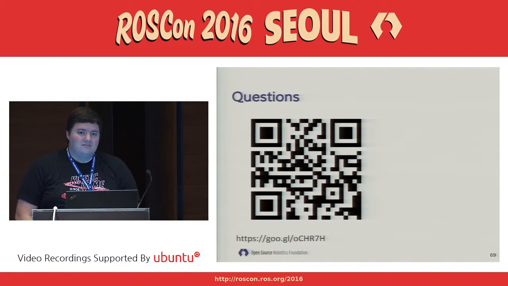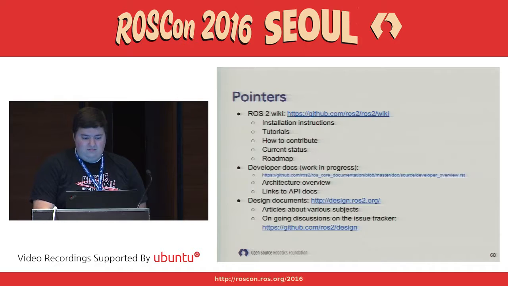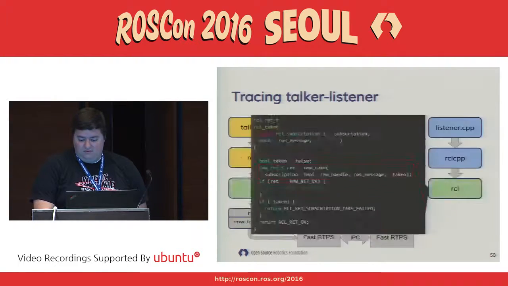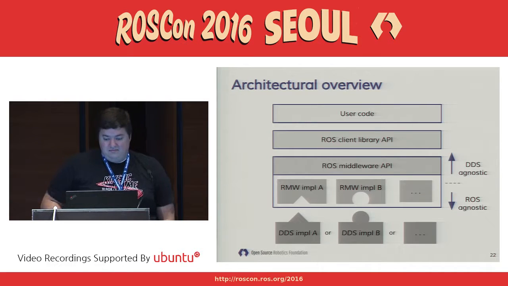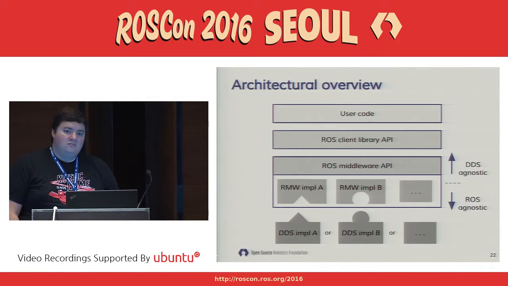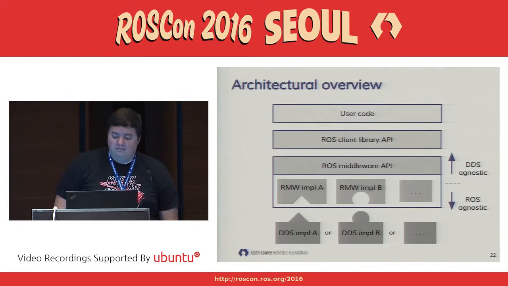I would like to go to slide 22 for my question. It concerns the abstraction of the DDS, because from my experience with ROS2 and DDS, I think it's not that easy, because DDS provides quality of service, which is the benefit of having it.